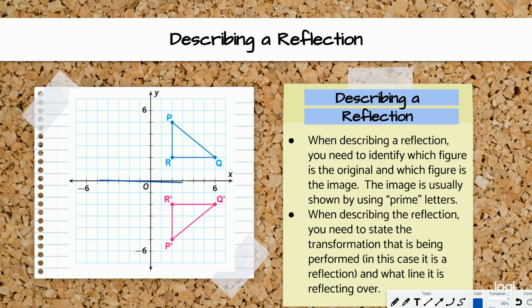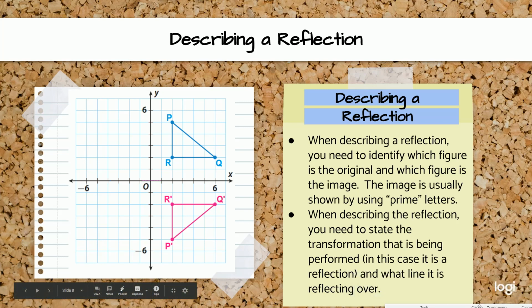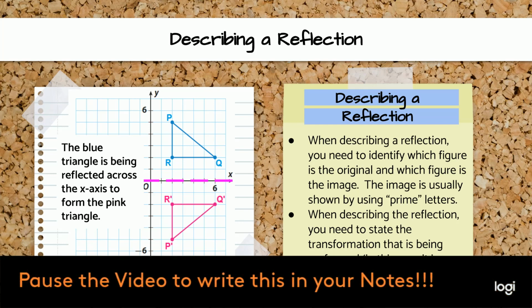So for this one, here's our line of reflection. And the way that we would then describe this is that the blue triangle is being reflected across the x-axis to form the pink triangle. So please pause the video here and write down how to describe a reflection in your notes.